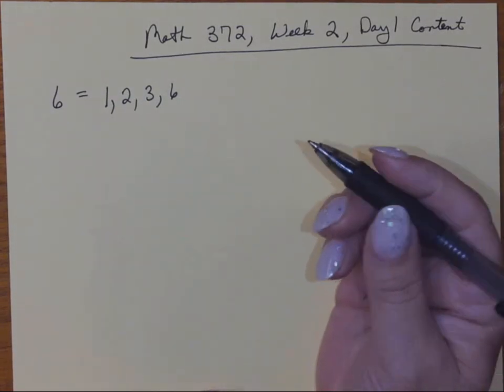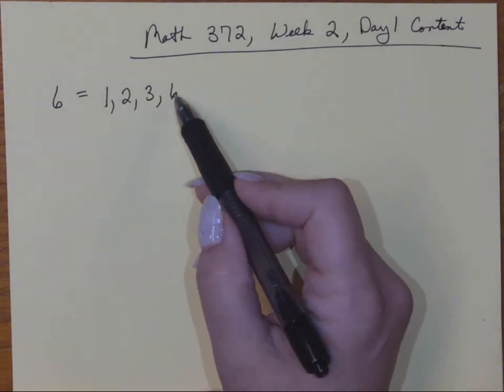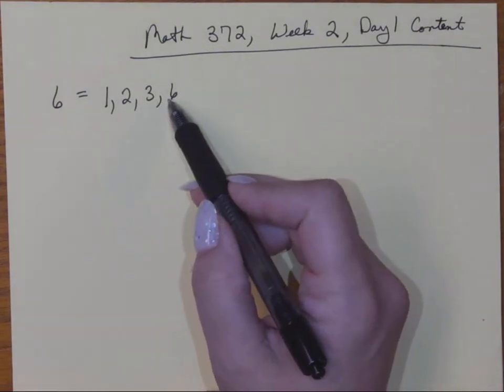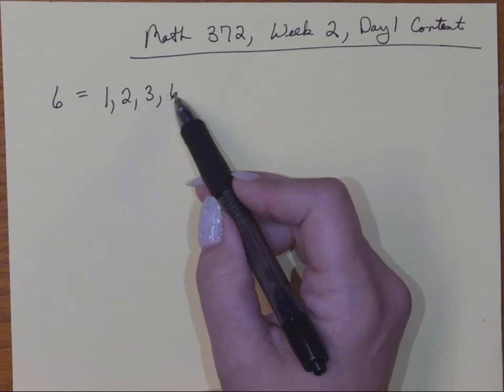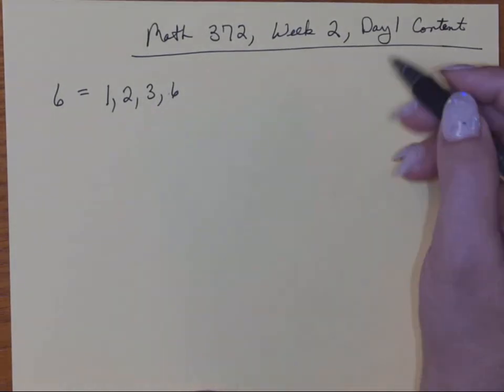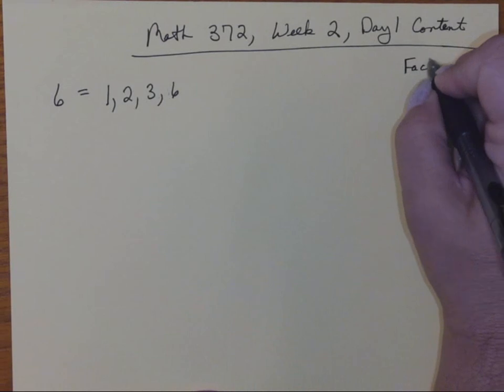If you're not sure if there are any other numbers that are less than 6 that are factors of 6, then try them all. Does 4 go in evenly into 6? That's what factor means, right? So let's get a little definition in here.